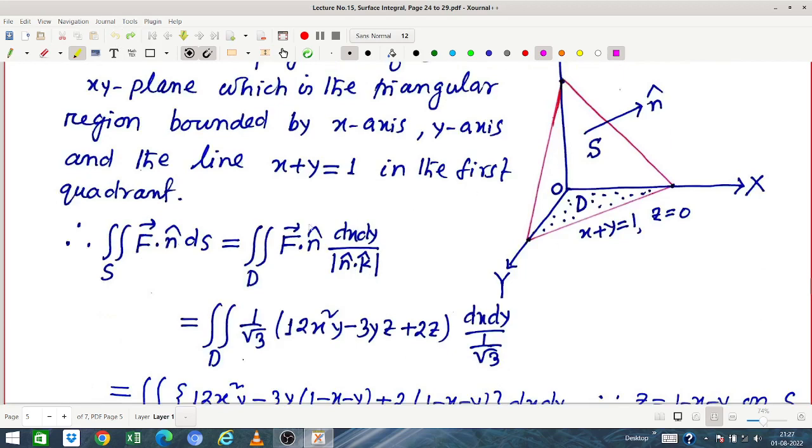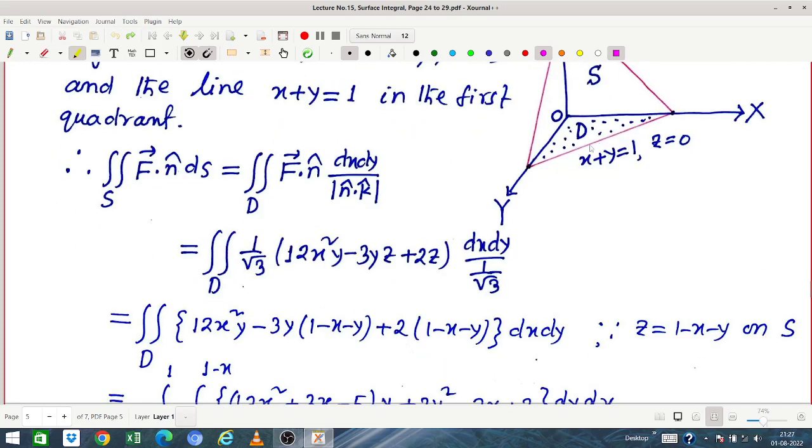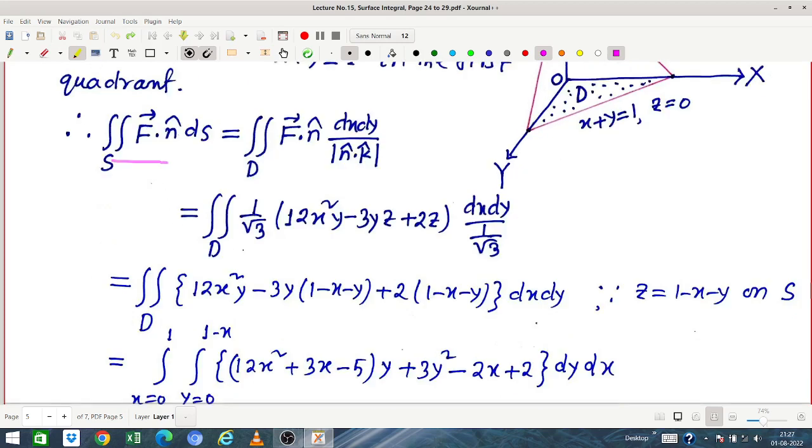This is in the first quadrant for the two-dimensional region D, and therefore the surface integral becomes a double integral over D, and dS becomes dx dy by mod n cap dot k cap. Mod n cap dot k cap is 1 by root 3, as already calculated, so the 1 by root 3 terms cancel.